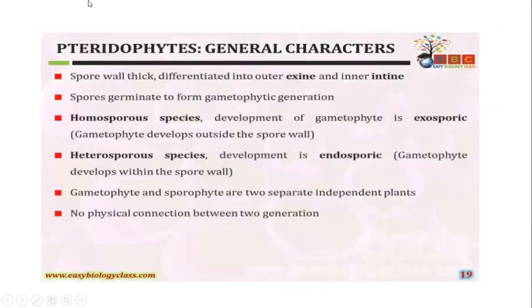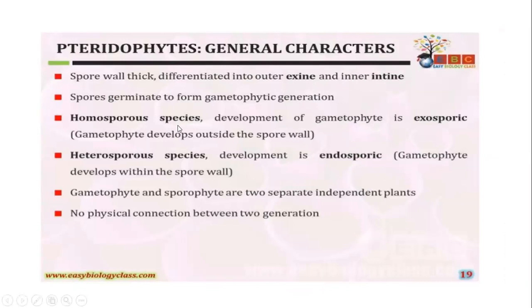Now, when we talk about the spore structure, the spore again has a very thick wall, often differentiated into outer exine and inner intine. These spores germinate and form the next generation, that is, the gametophytic generation.